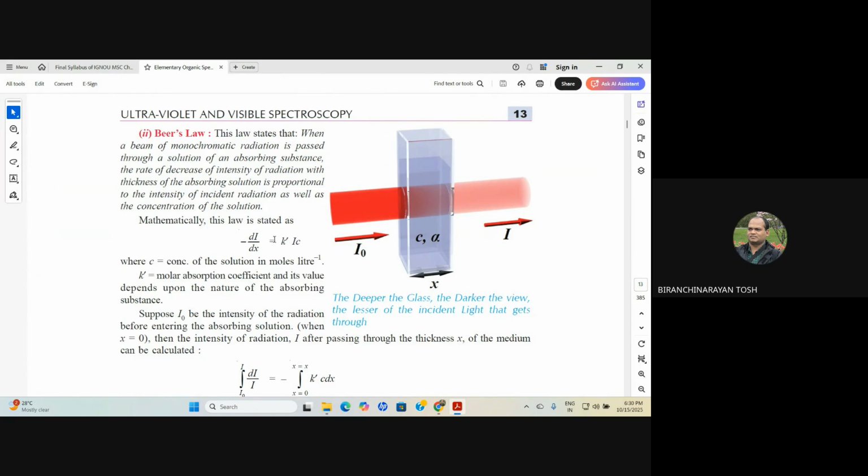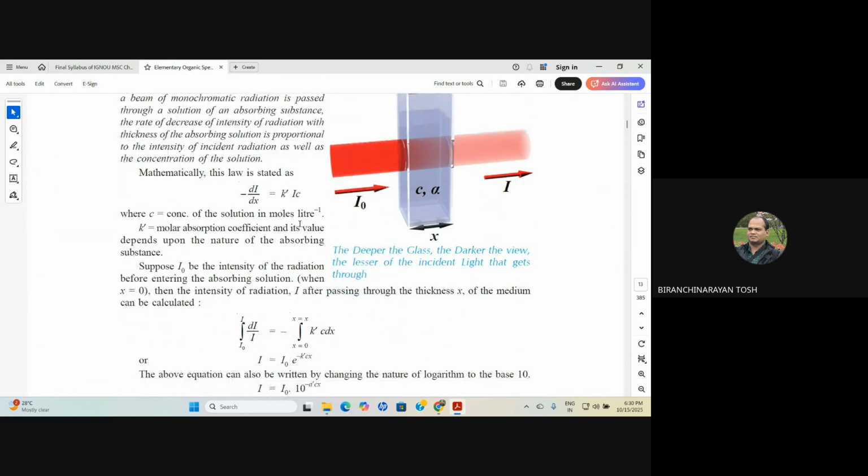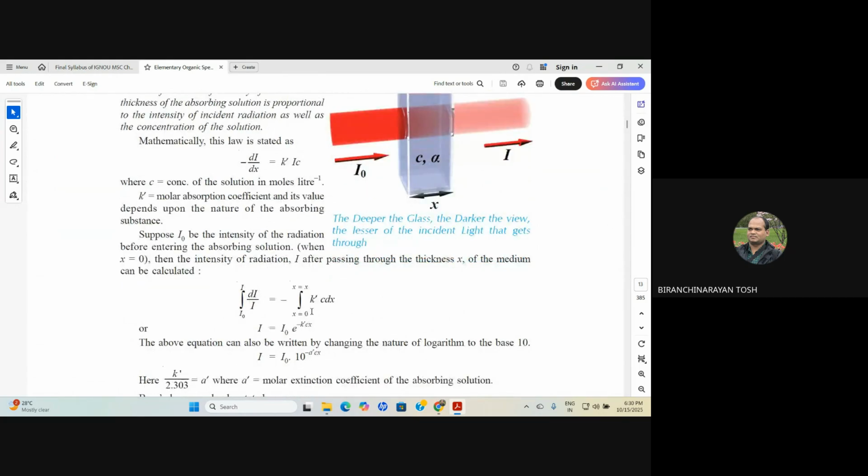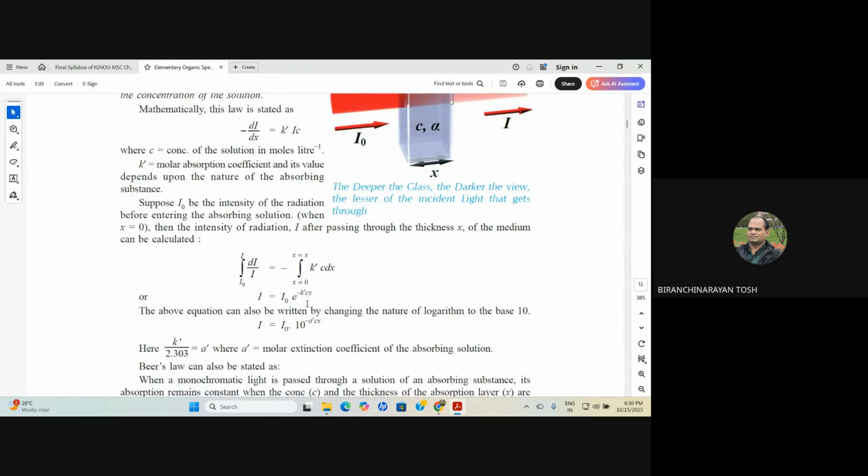There was only intensity before, here intensity and concentration also, and the concentration is expressed in moles per liter. So similarly, if you go on integrating with the same limit, same thing. Here we have taken the constant as k dash, there we have taken k, to differentiate.